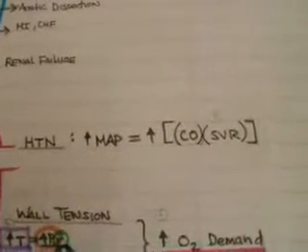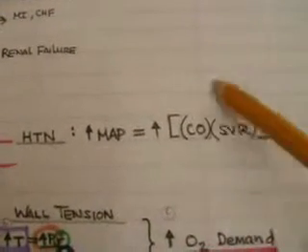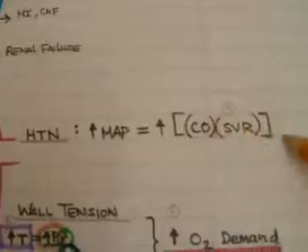So many times with essential hypertension, a patient has an increase in systemic vascular resistance.